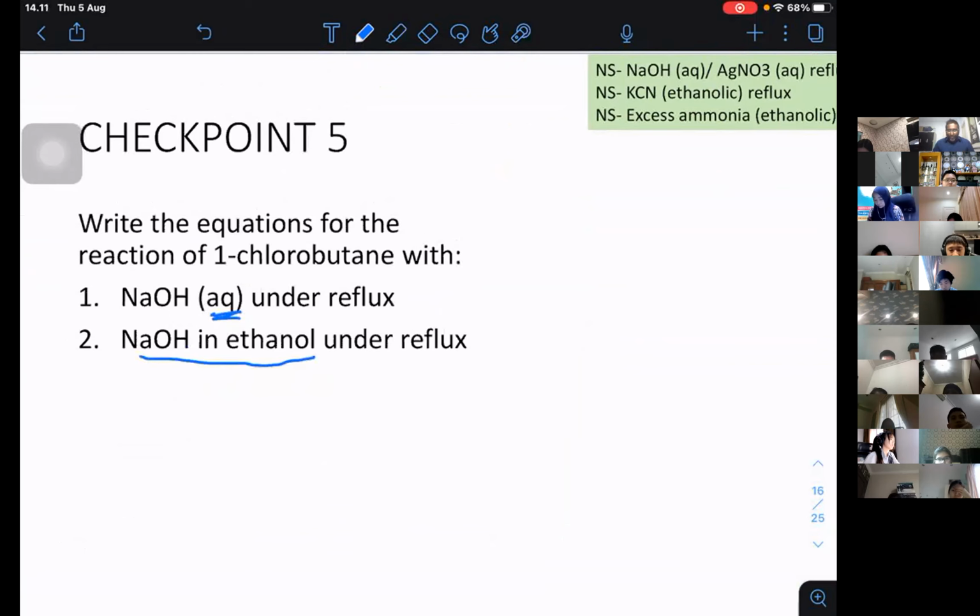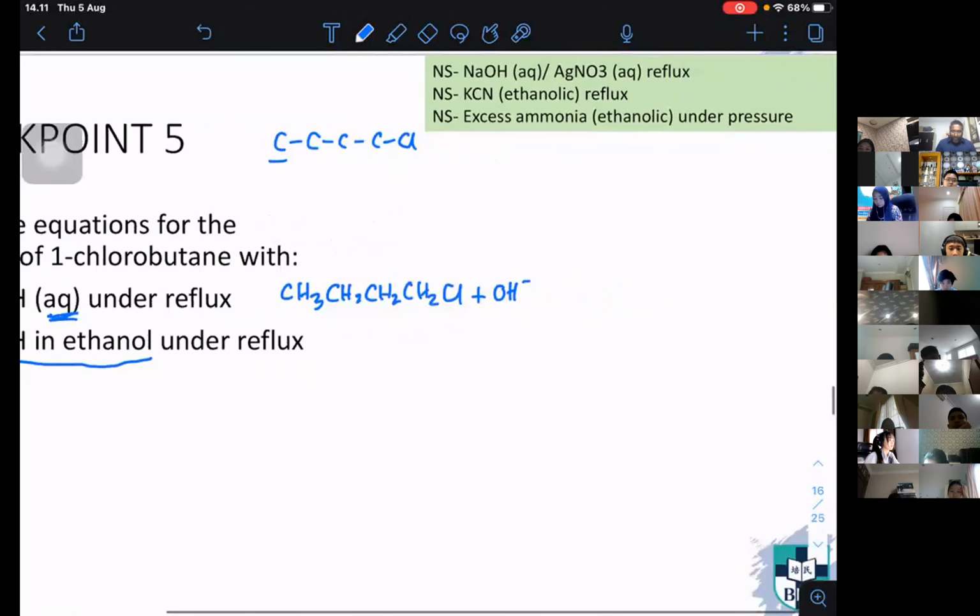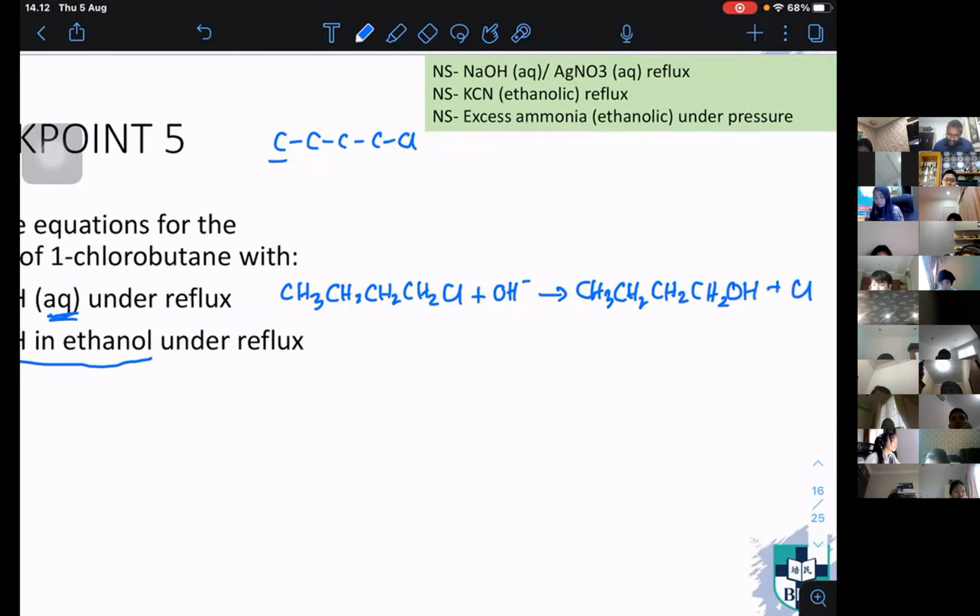So 1-chlorobutane, I write in structure form: CH3, CH2, CH2, CH2Cl, plus OH minus from the NaOH. It is going to be a substitution reaction. So CH3, CH2, CH2, CH2, OH plus Cl minus. That should be the equation.